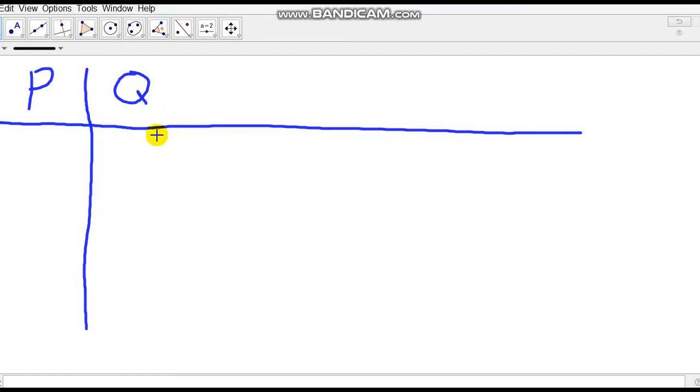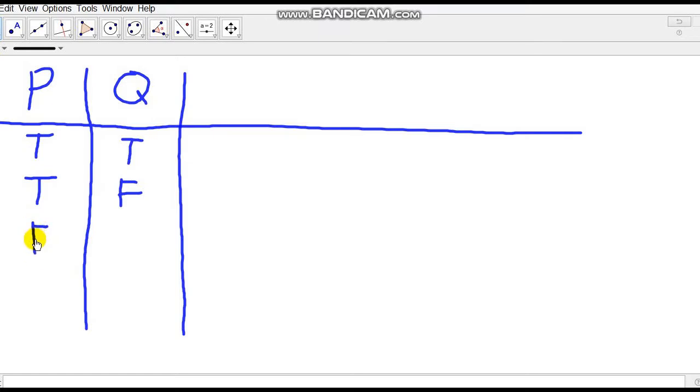There are four possible combinations for P and Q. It could be P is true and Q is true, or P is true and Q is false, or P is false and Q is true, or P is false and Q is false. So P could either be true or false, and Q could either be true or false. The combinations would be like this.